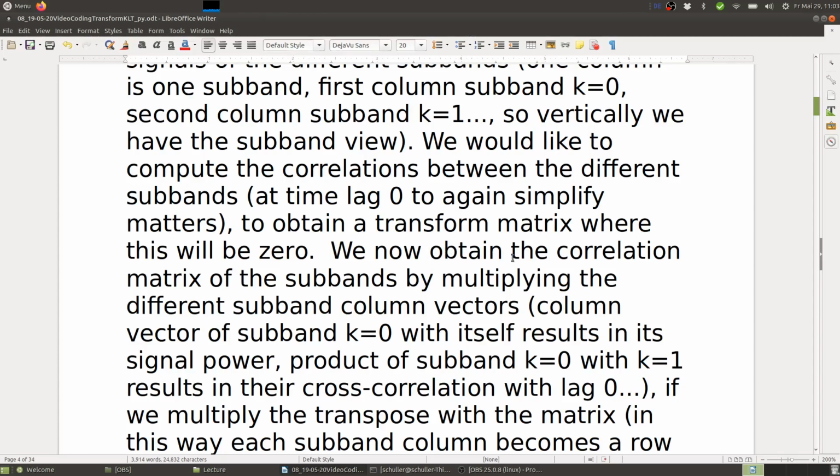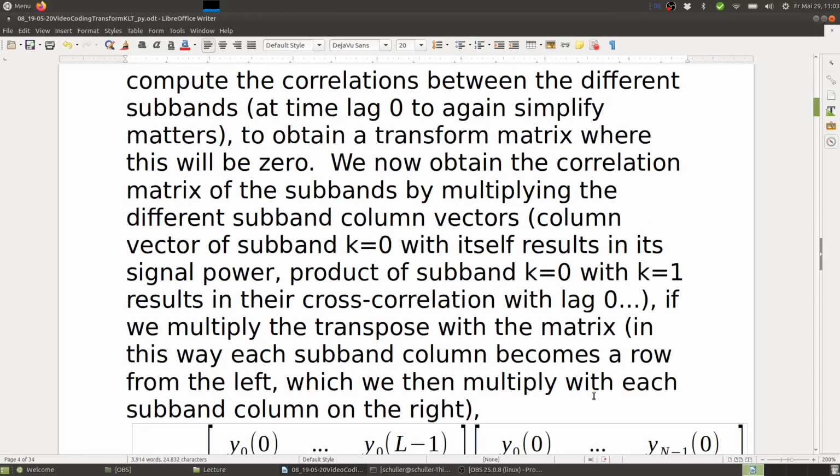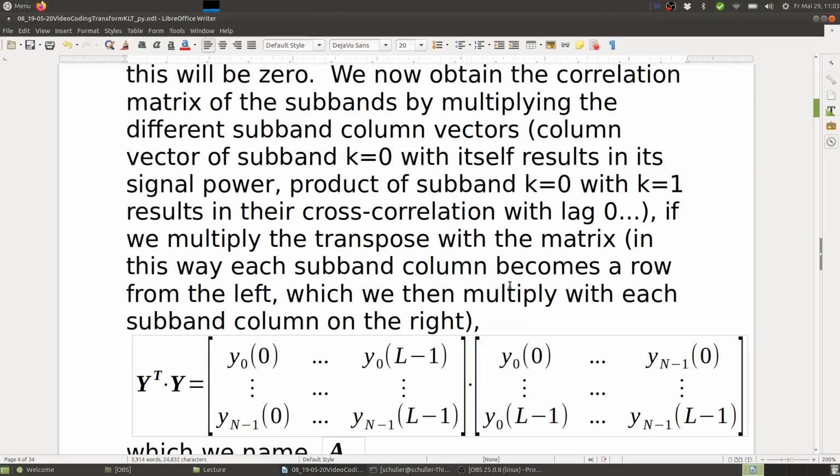We now obtain the correlation matrix of the subbands by multiplying the different subband column vectors. Column vector of subband k equals 0 with itself results in its signal power. Product of subband k equals 0 with k equals 1 results in their cross correlation with lag 0. If you multiply the transpose with the matrix, in this way each subband column becomes now a row from the left, which we then multiply with each subband column on the right.